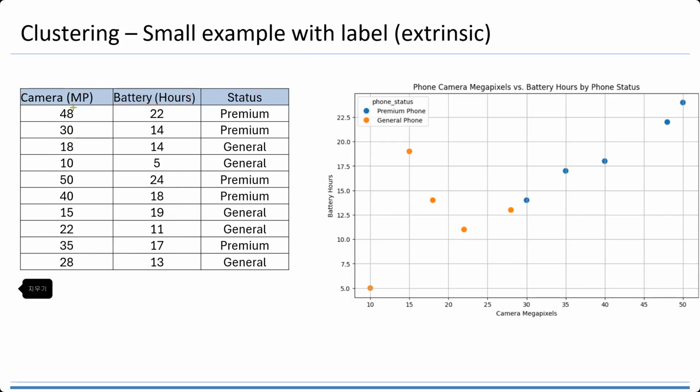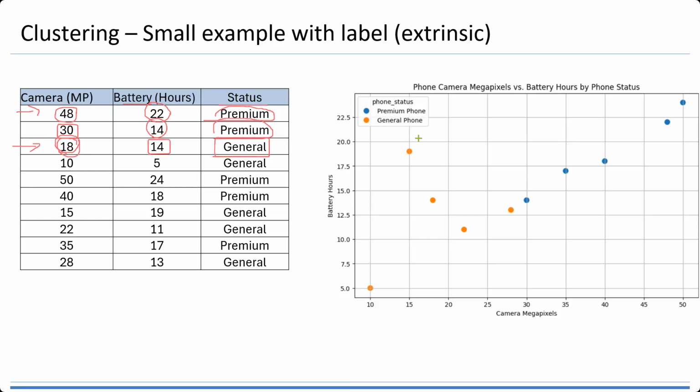The first smartphone has 48 megapixels, 22 hours of battery, and the status is premium. The second smartphone has a 30 megapixel camera, 14 hours of battery, and the status is premium.